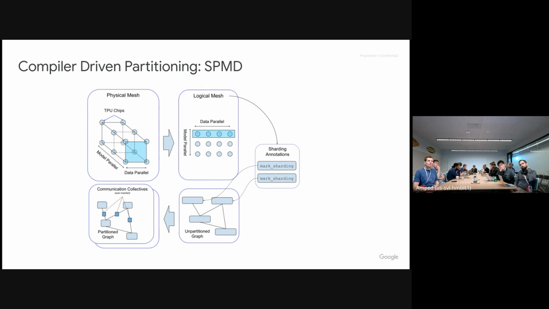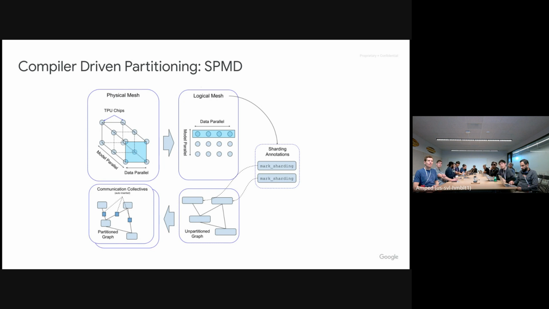The sharding annotation is going to make use of the logical mesh, because I'm going to express my intent of sharding for a tensor. I'm going to say that here's a mesh, and as you think about partitioning these things, these are the 2 axes you should know about. Then I'm going to say axis 0 of the tensor should be sharded across the data parallel axis, and axis 1 of the tensor should be sharded across the model parallel axis.